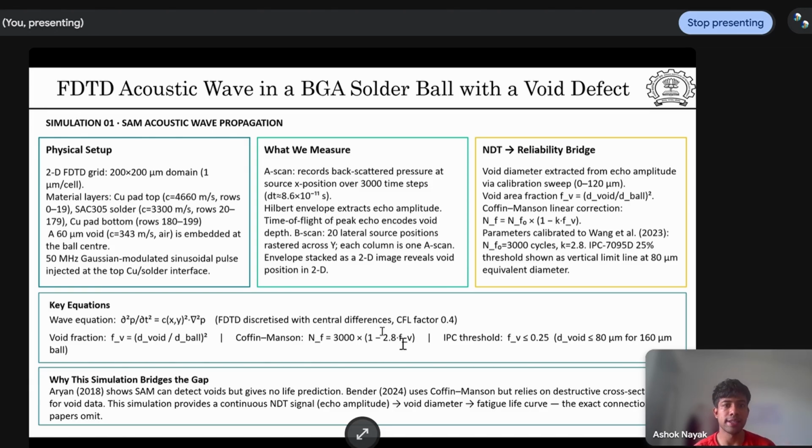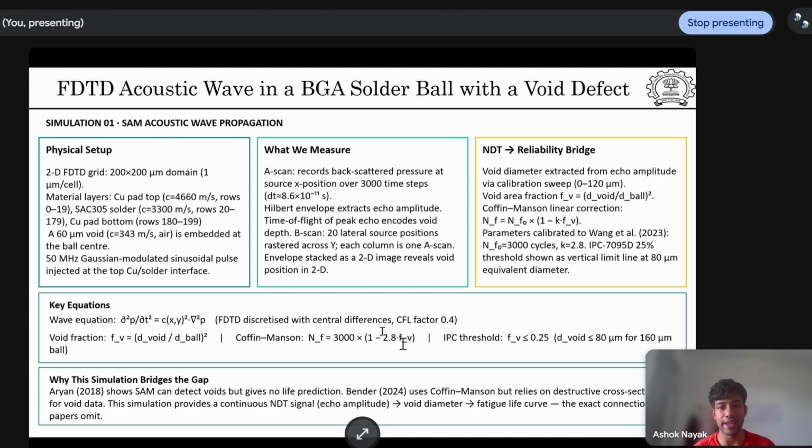The physical setup is a 200 by 200 micrometer FDTD domain at 1 micrometer per cell. Three layers: copper pad at the top, SAC305 solder in the middle, and a 30 micrometer air void at the ball center. We inject a 50 megahertz Gaussian modulated pulse, the standard SAM transducer frequency range.